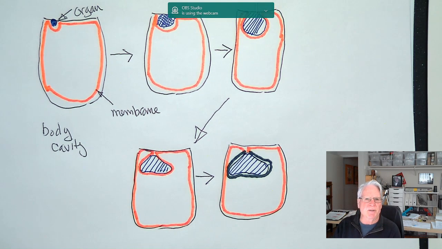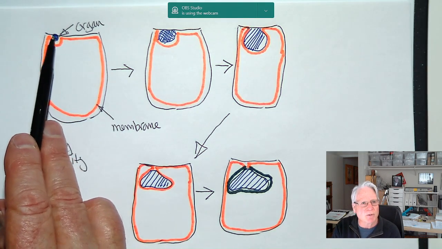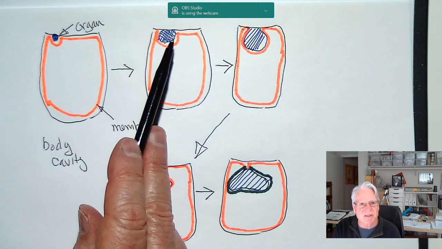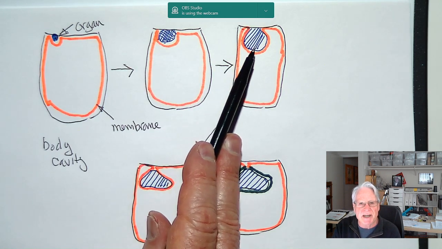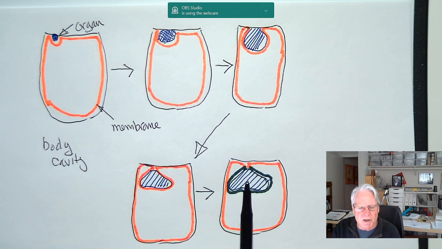Because of this developmental pattern, where we begin with the developing organ in the wall behind the membrane, as it continues to develop, it's pushing out. As it pushes out, it pushes the membrane with it, and finally, it's sitting where it's supposed to in the mature human body.